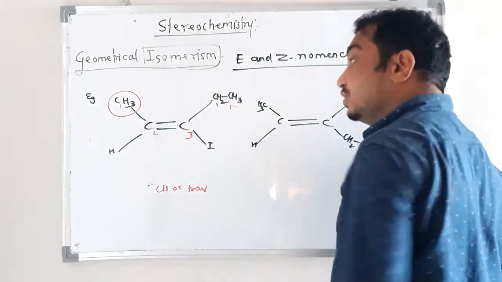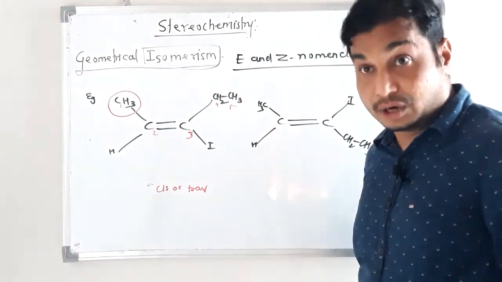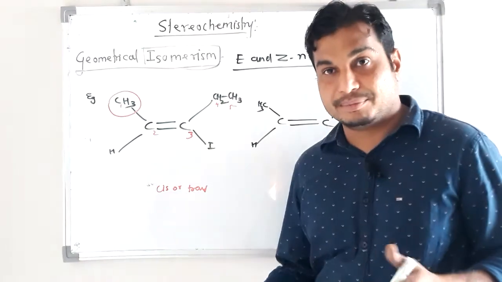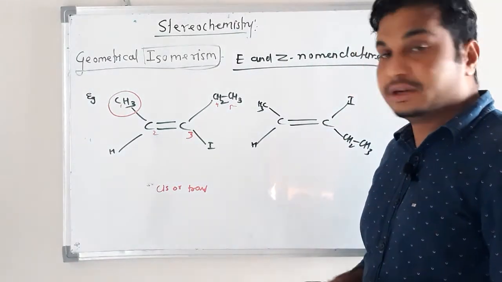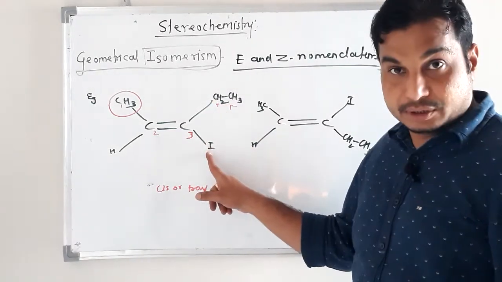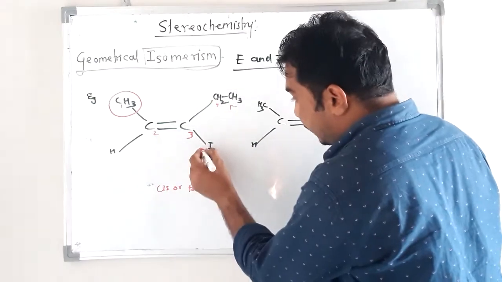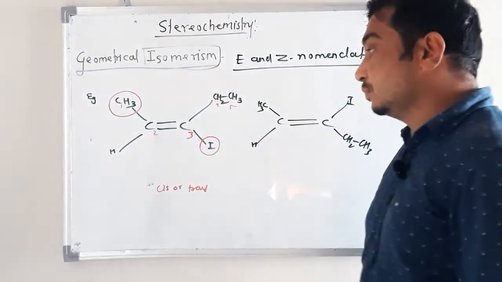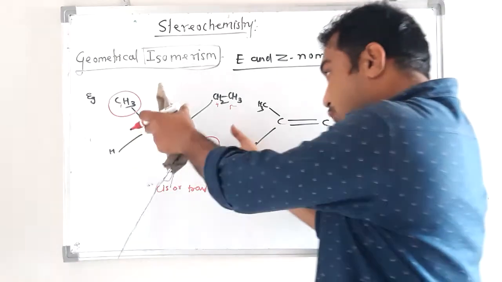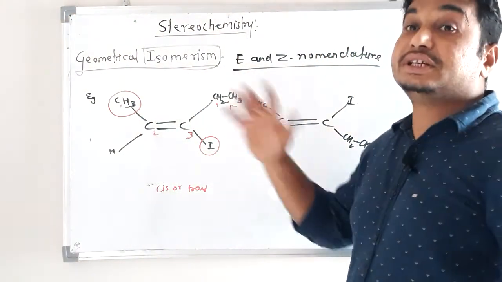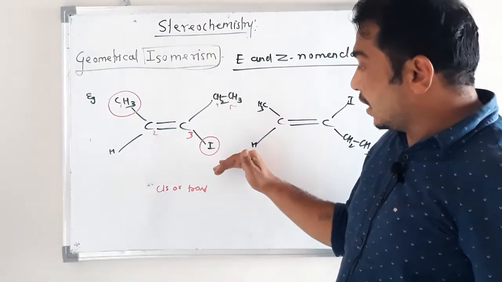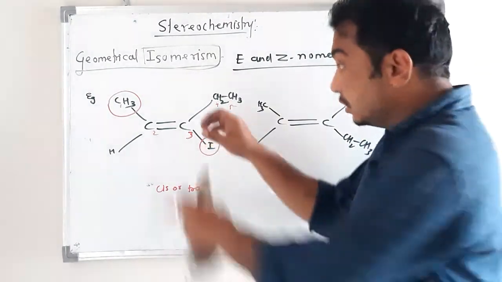Among these two, which is bigger, having higher atomic weight or higher atomic number? Here carbon is attached and here iodine. So definitely iodine has higher atomic weight. So carbon number 2 methyl group, carbon number 3 iodine, and the two bigger groups are present on the opposite side of the double bond. One bigger group on the top side and here iodine on the down side, means opposite.